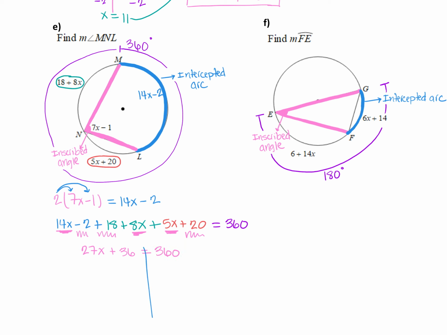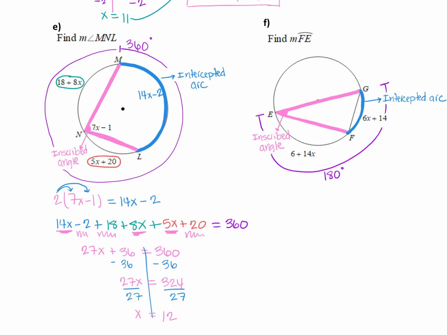So now party wall it up, subtract 36 from both sides. And so we have 27x is equal to 360 minus 36 is 324. Divide both sides by 27, and that gives us x is equal to 12.